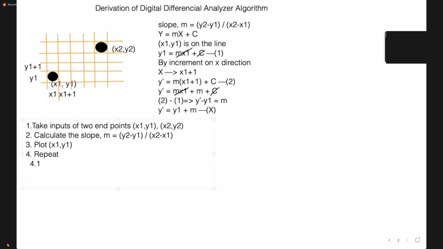Those repetitions have to be done. Increment along the x direction by 1 pixel.